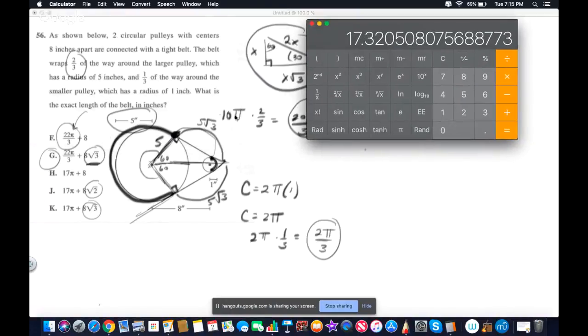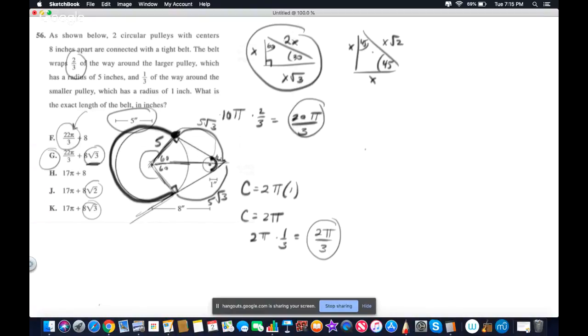So the idea that we're going to somehow get this all the way down to 8, that more than half the distance has been removed in this little piece right here and here. We have 5 root 3, but that includes this extra piece on each side. It just doesn't seem likely. I would also say that the ACT is drawn to scale unless they say otherwise. So for all those reasons, I'd be picking G.